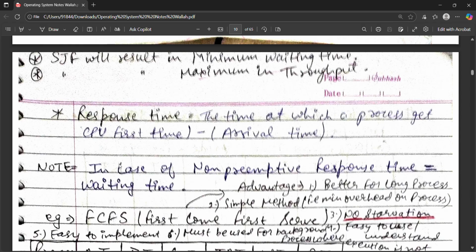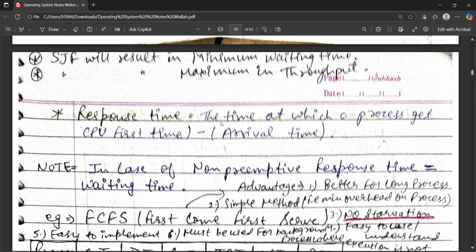Now another term is response time: the time at which a process gets the CPU for the first time minus arrival time. I have entered the ready queue, but entering the ready queue does not mean I have started my execution.